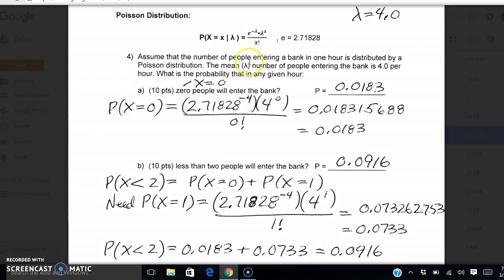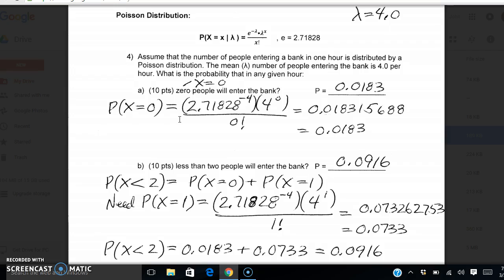So the lambda is given to us as 4, and x is the number of interest. X is 0 in this case, so we want to know the probability that 0 people will enter the bank.